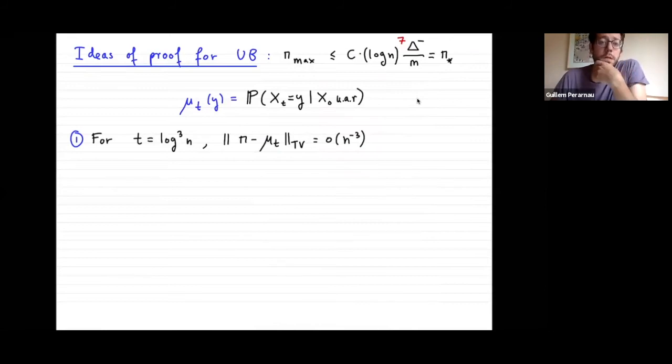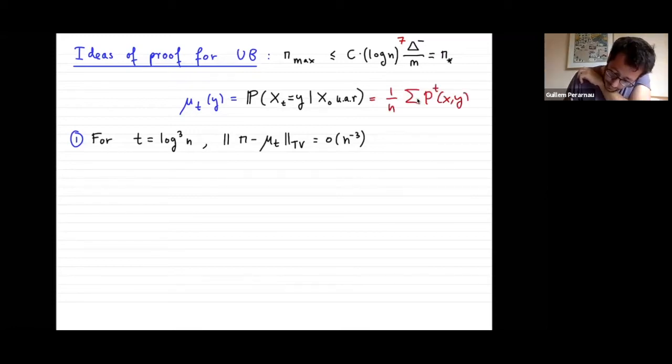This distribution is going to be mu t of y. mu t of y is just the probability that my random walk is at y if I started at a uniformly random place. I can also write this as 1 over n times the sum over x of p t x y. So I start at each vertex with probability 1 over n, and then I walk for t steps, and I ask for the probability that I'm at y. So this is my new distribution.